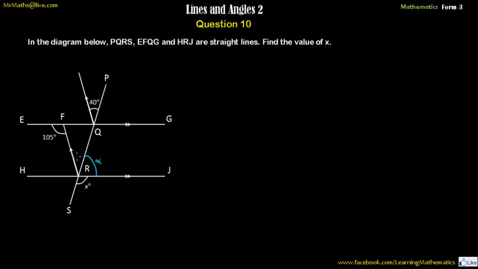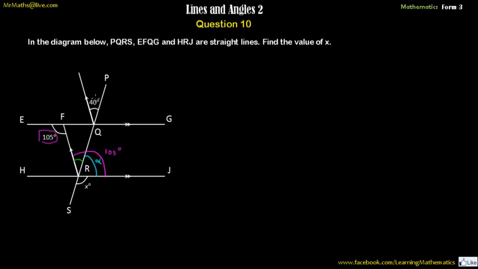Take a look at this angle in magenta. Because that angle in magenta is equal to the blue angle plus the green angle. The angle in the magenta and 105 are alternate angles. Alternate angles have the same value, so this is 105 degree. What about the green angle?